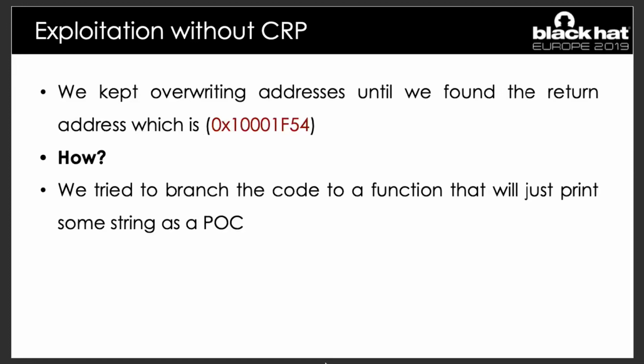So how did we manage to find this? We kept overwriting addresses inside the stack area that would branch our code to some function that will just print a string in the serial terminal. So we kept overwriting until we got our string printed. Then, okay, this is the return address.